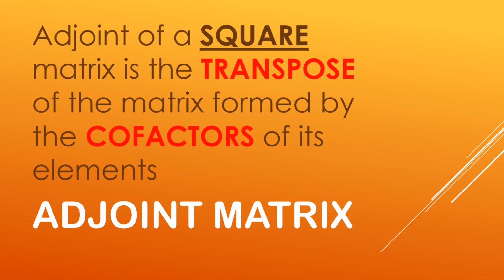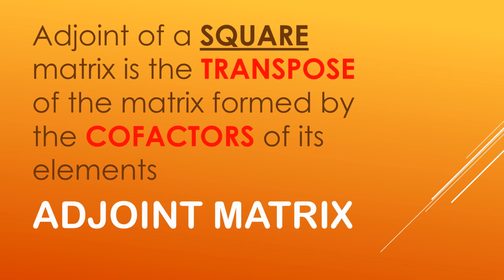Now, what is the adjoint of a matrix? The adjoint of a square matrix is the transpose of the matrix formed by the cofactors of its elements. I repeat, the adjoint is found only for square matrices.